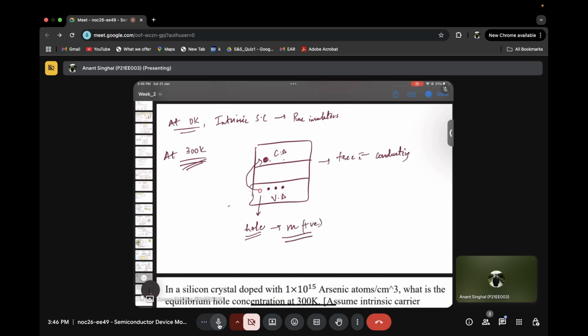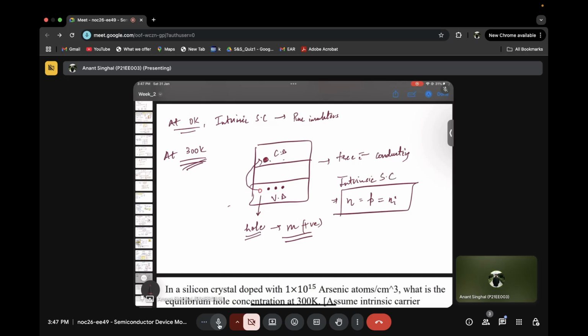And since they are pure, the electron concentration should always equal the hole concentration, and it should equal the intrinsic concentration. So this is the property of any intrinsic semiconductor. The same amount of holes and electrons should be there, and then only will it be purely neutral, right?